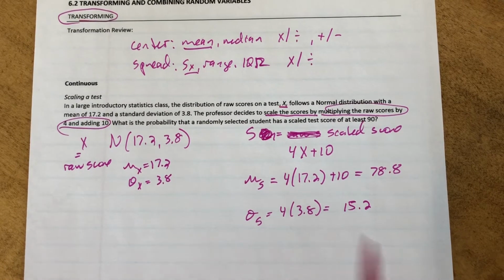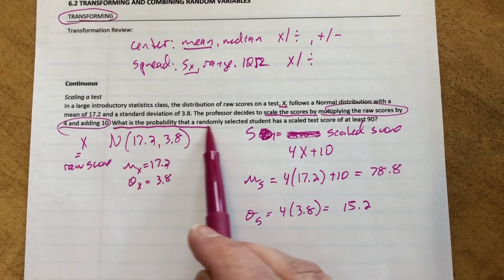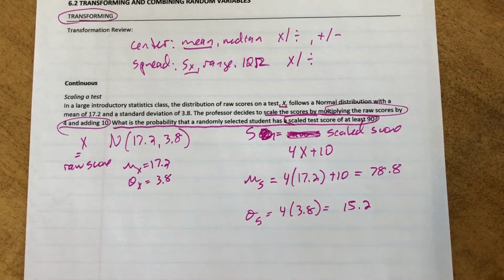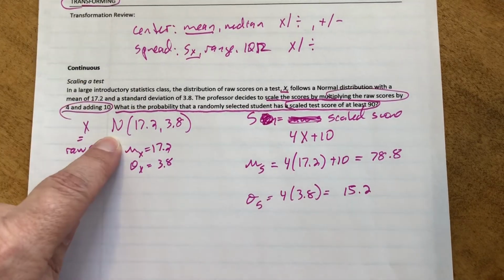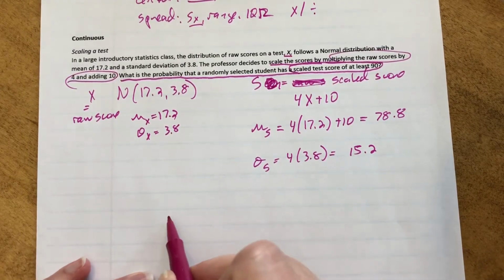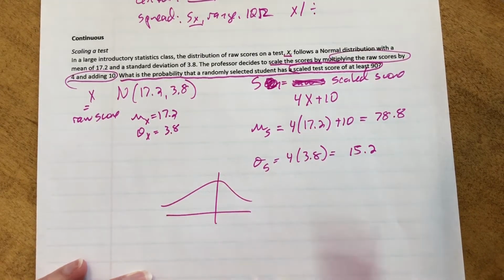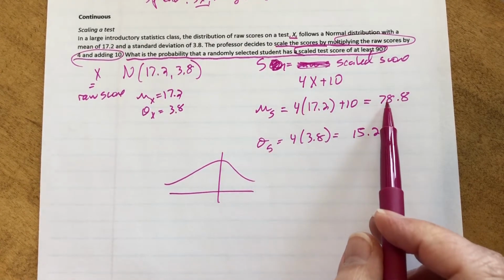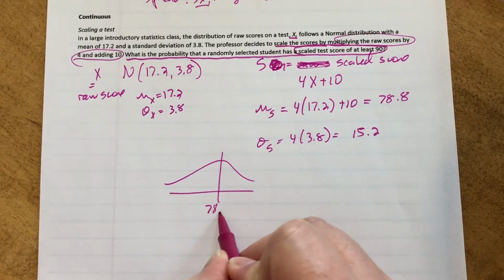The question is, what's the probability that a randomly selected student has a scaled score of at least 90? Well, if the raw score is normal, the scaled score is normal, so I can just throw this on a normal curve. Gotta love normal curves. The mean of my scaled score is 78.8.